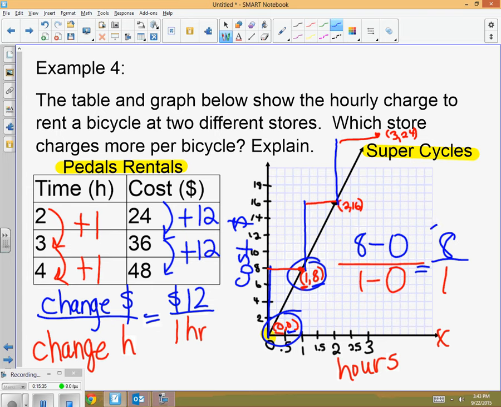So that means that Super Cycles charges $8 per hour. So the question is asking which store charges more per bicycle? Well, the answer would be Pedals Rentals charges more. Pedals charges $12 per hour.